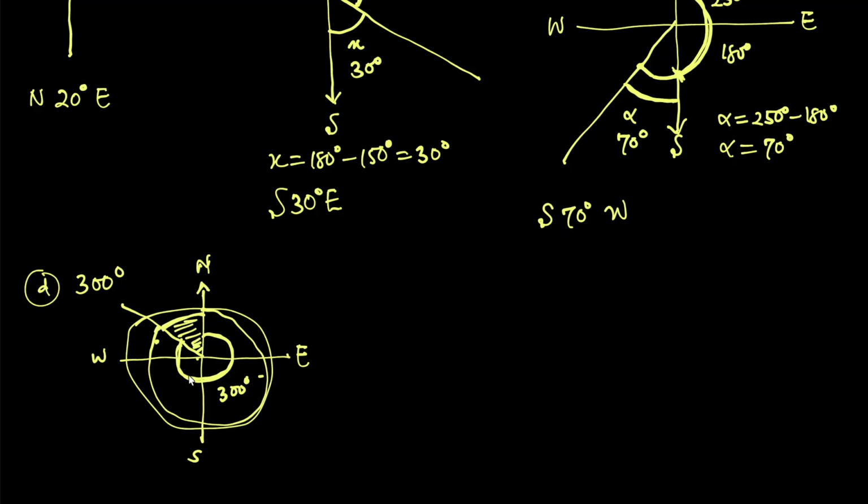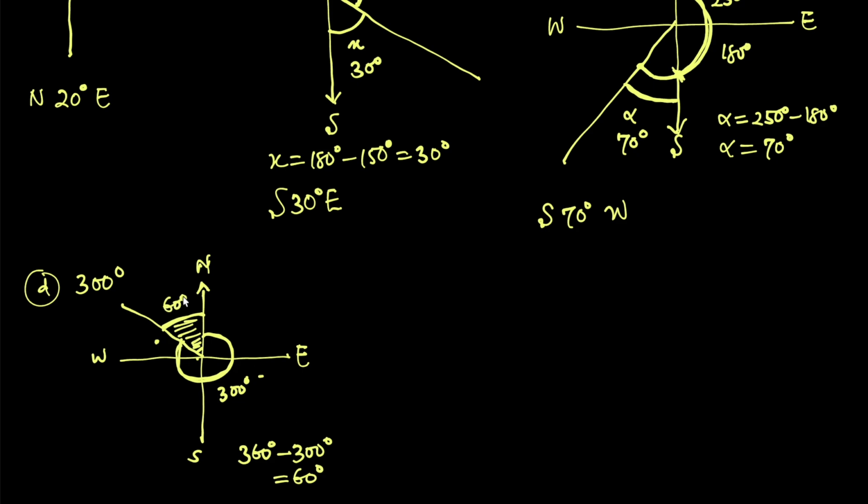We just subtract. That's going to be 360, the total angle, minus 300 degrees. This is 60 degrees. So the compass bearing equivalent is going to be north 60 degrees west.